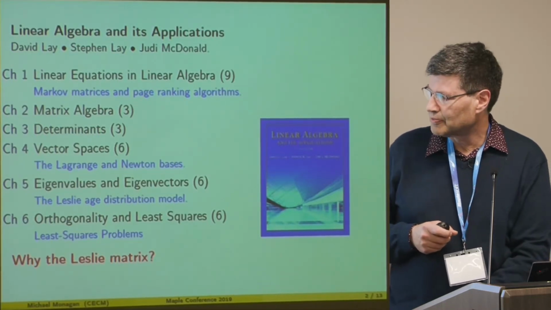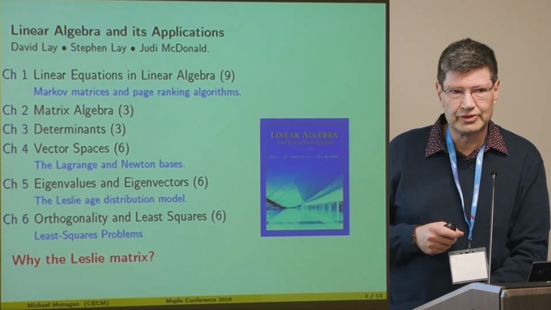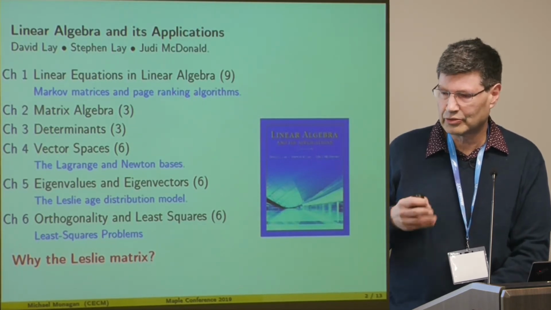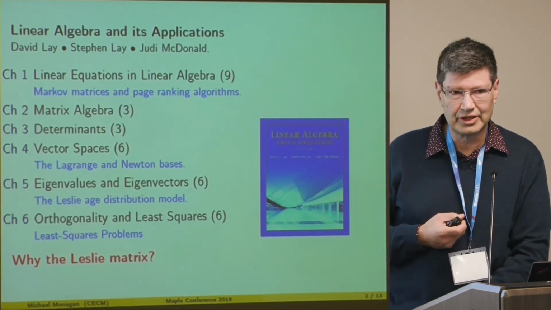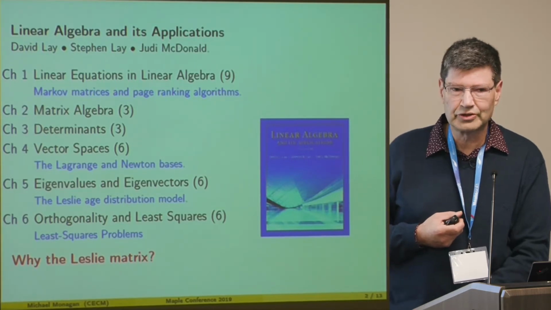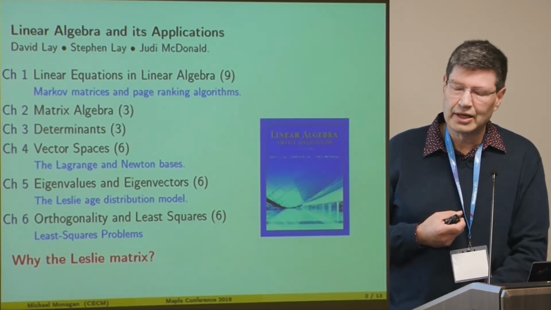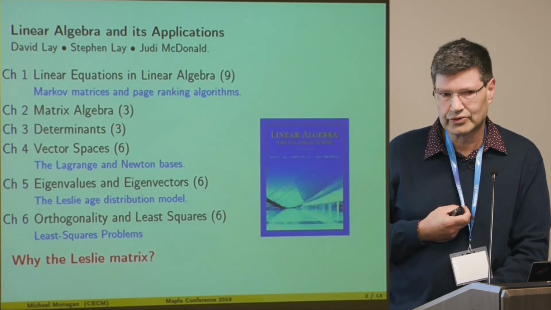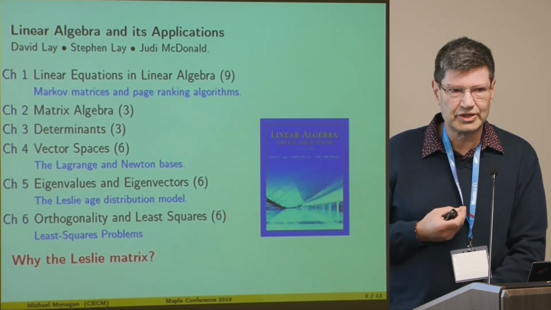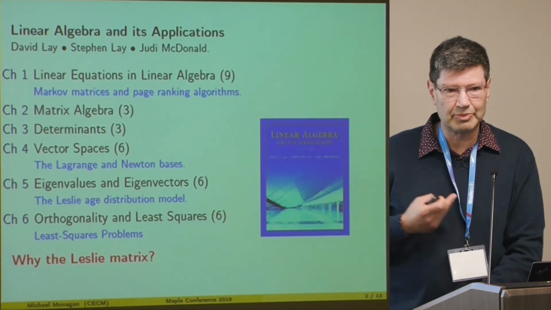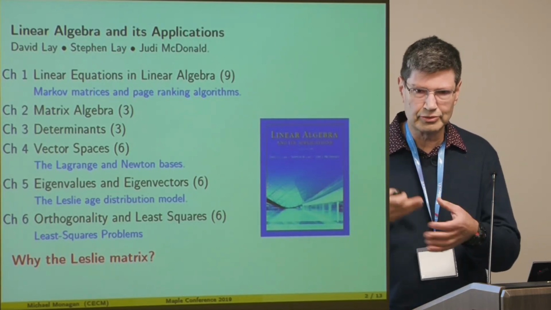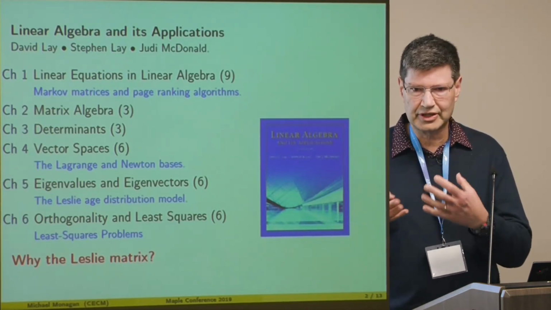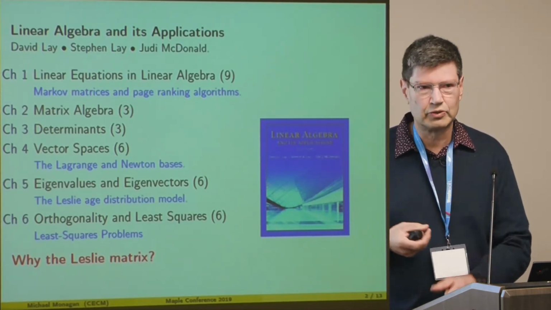I think that's a poor choice to try and cover linear systems of first-order differential equations in a first linear algebra course because the students won't know what they are. Even if they've seen a differential equation in a calculus course, they won't know what a system is, and what's going to happen is that they're going to do a lot of symbol manipulation, a lot of algebra, and they won't really have a sense of what they're working with.